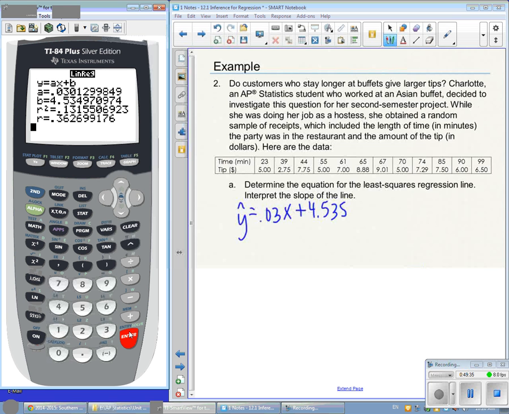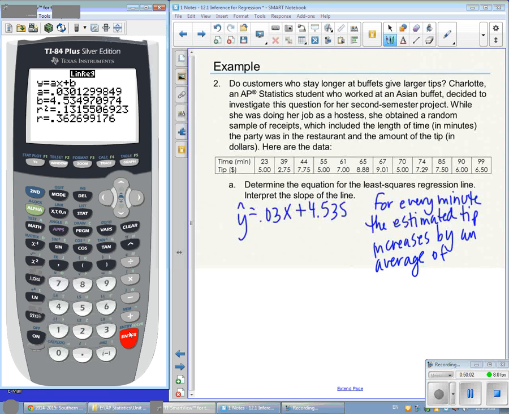So what does the slope mean? For every minute, the estimated tip increases, we could say by an average of what?